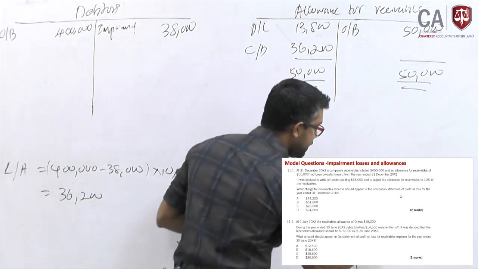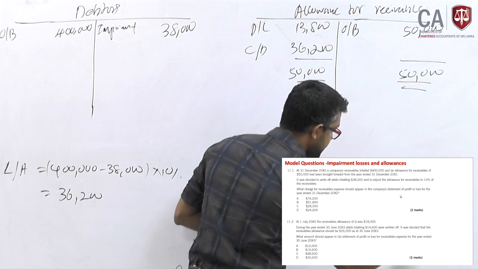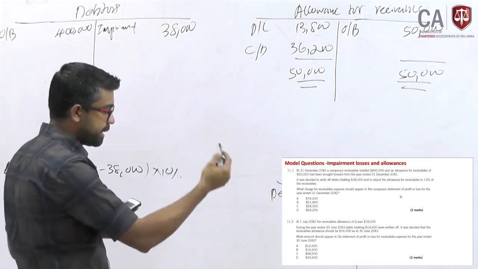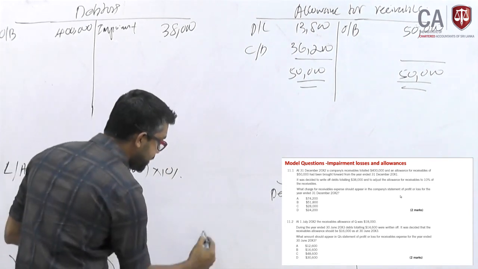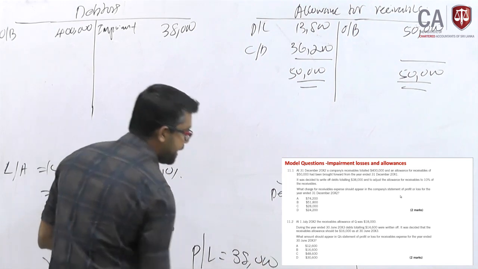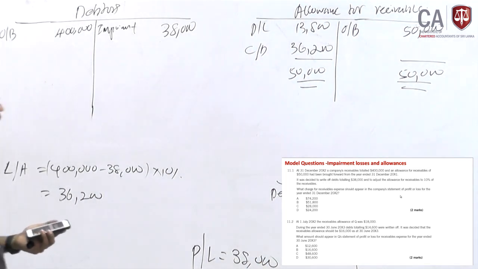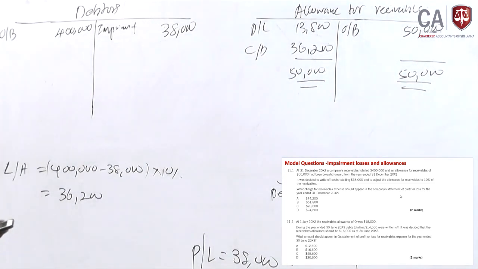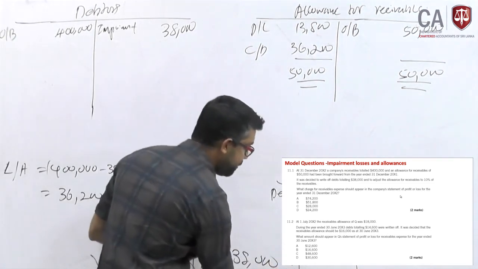Here P&L debit, this account debit, P&L impairment credit, P&L debit. So the entire amount charged to P&L: 38,000 as impairment, and there is a gain from loss allowance. This is a gain. So this should be minus.